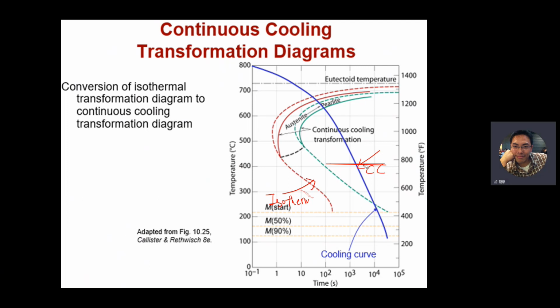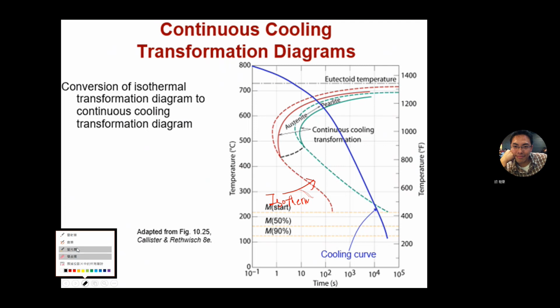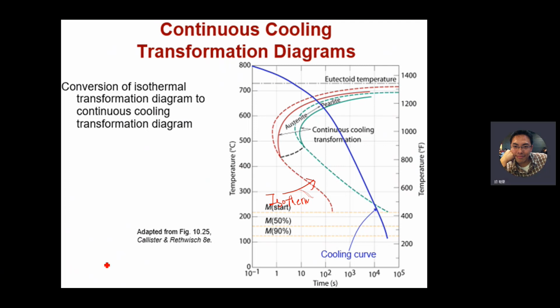I have to adjust it a little bit. It's wrong. It's not correct. So this dotted line is isothermal, and the continuous cooling is the solid line. So you can find that this transformation is delayed.